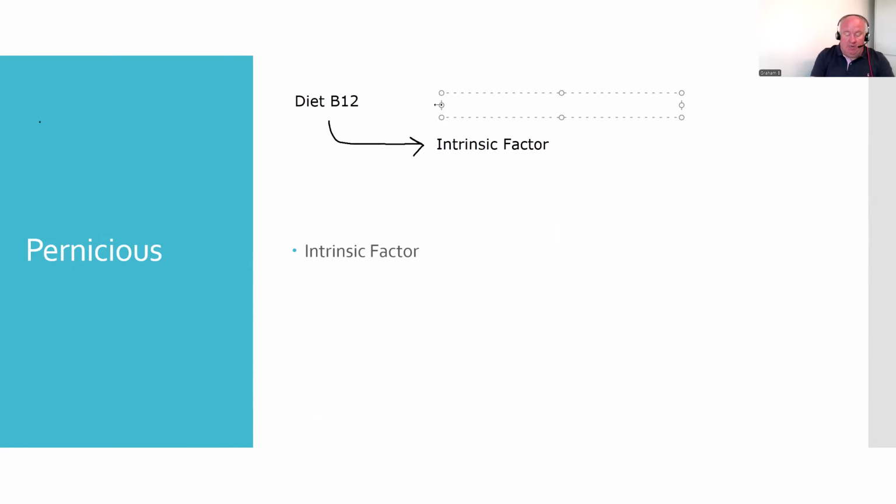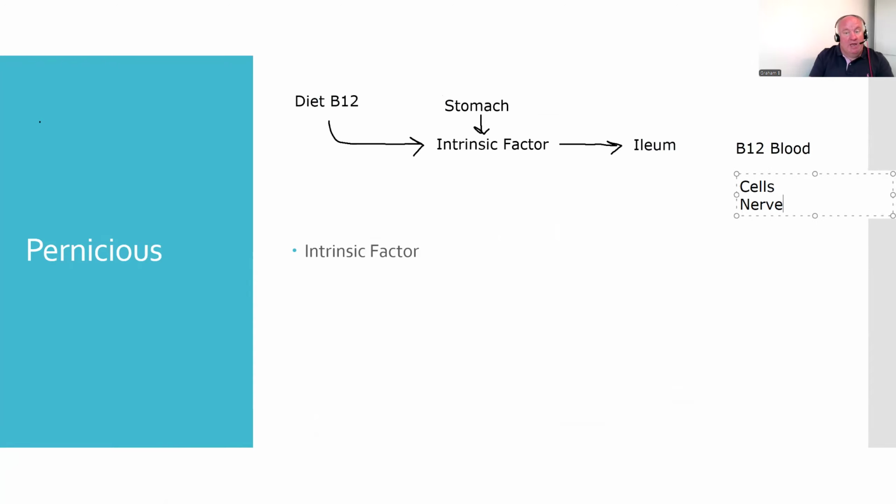And this is produced by the stomach. And then this binds vitamin B12 and allows it to be absorbed a bit further around at the ileum. So now we've got vitamin B12 in the bloodstream, and we said that's going to be used for cells, nerves, and energy.